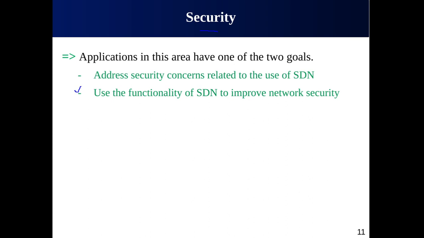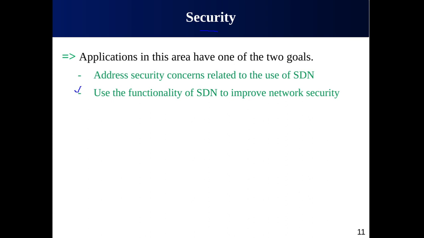So on one side it is a risk, on the other side we can use the functionalities of the SDN to improve our network security, because SDN allows the development of SDN security controllers and SDN-related security applications that can provision security services and mechanisms.